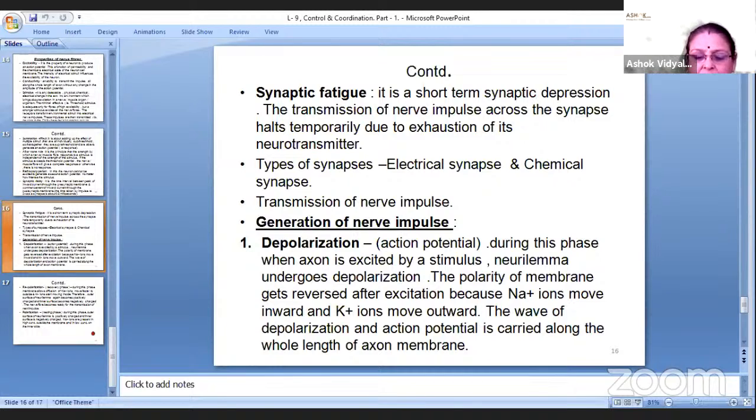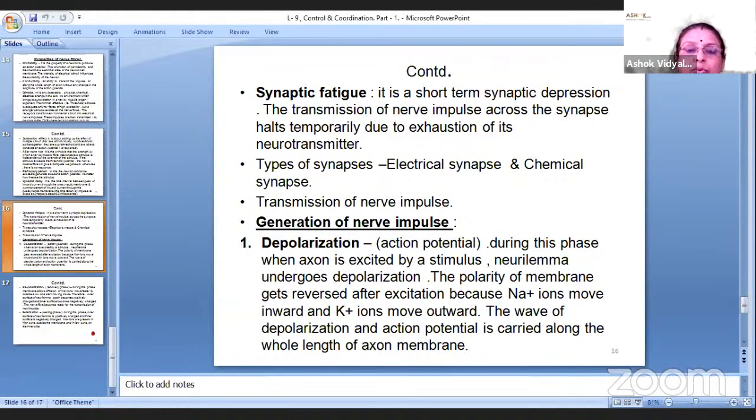When the neuron is not conducting any impulse, that is, in the resting state, it is in a polarized state. At this time, the interior of the axon has fewer cations, therefore it is more electronegative as compared to the ECF. What is ECF, students? It is the extracellular fluid, with more cations, hence electropositive.